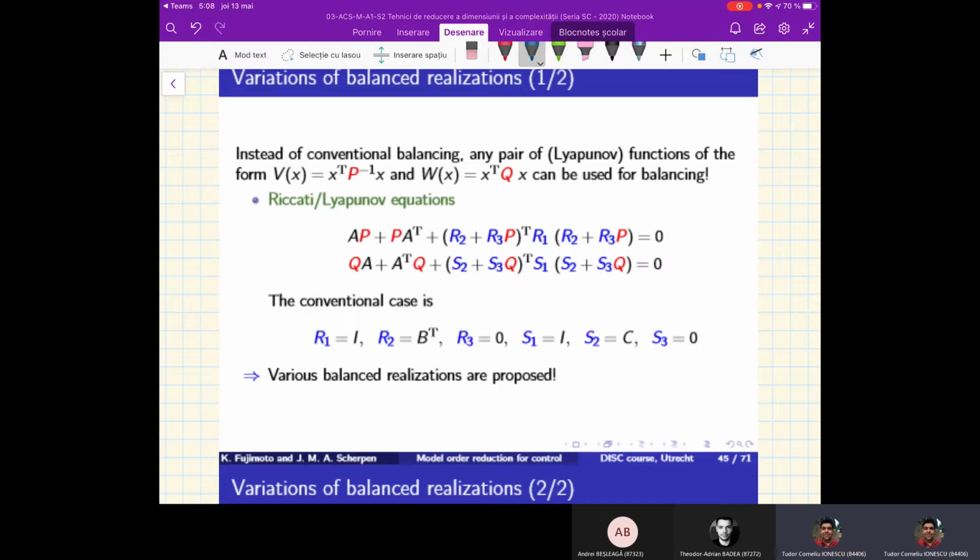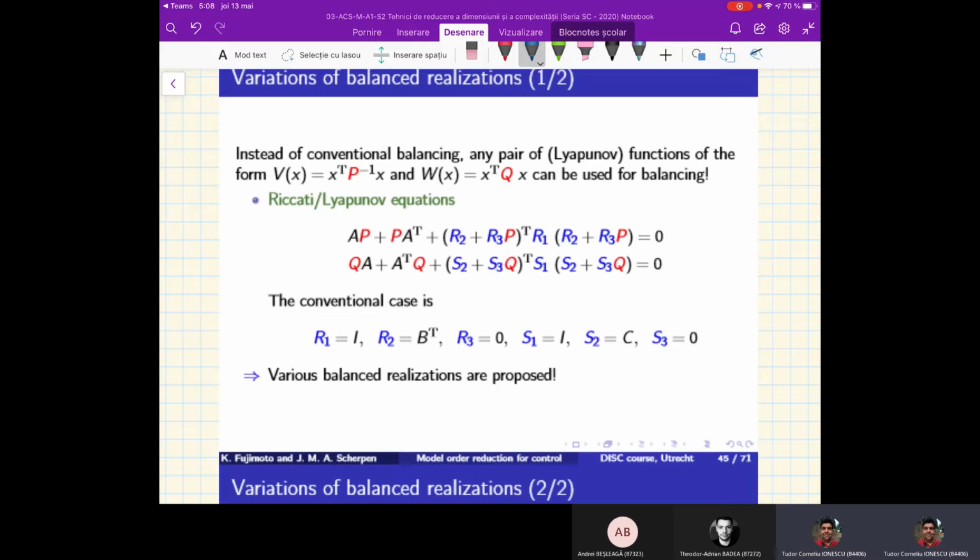Okay. Fine. So you can pick any two Lyapunov functions, quadratic Lyapunov functions, and you can try to balance them. We can have Riccati equations. The conventional case is this one.